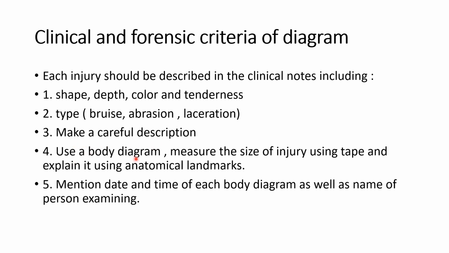Use a body diagram. Measure the size of the injury using tape and explain it using anatomical landmarks, like a bruise is present just above the elbow, so you have to mention it like a 5 centimeter bruise is present 2 centimeter above the elbow, so you have to explain it according to the anatomical landmarks. Mention date and time of each body diagram as well as the name of the person examining.